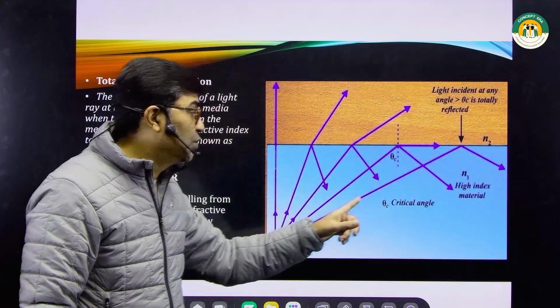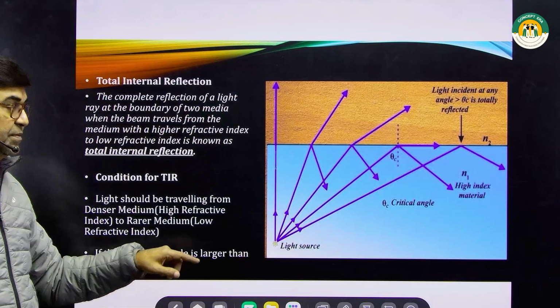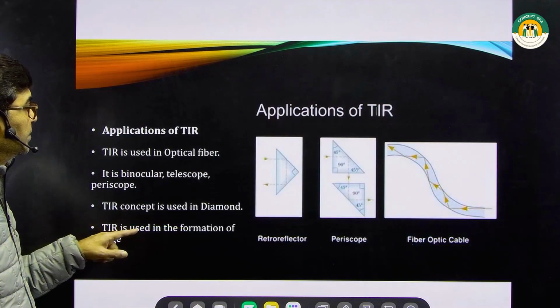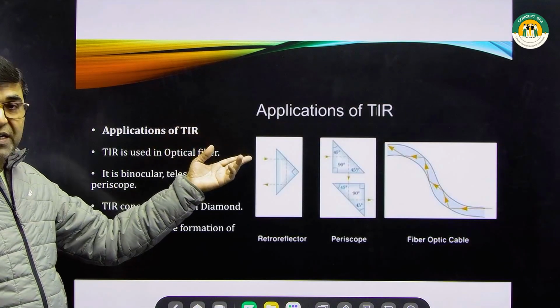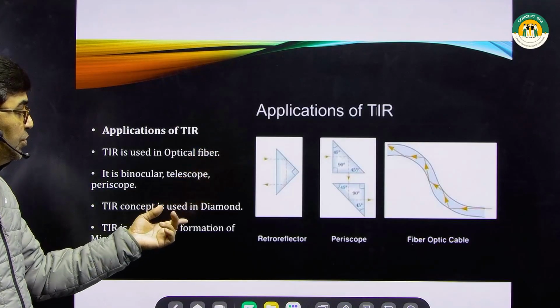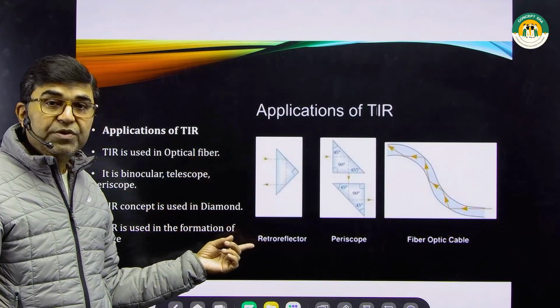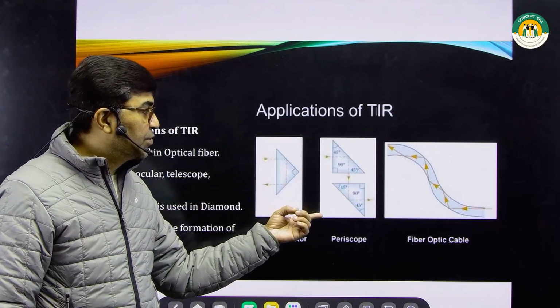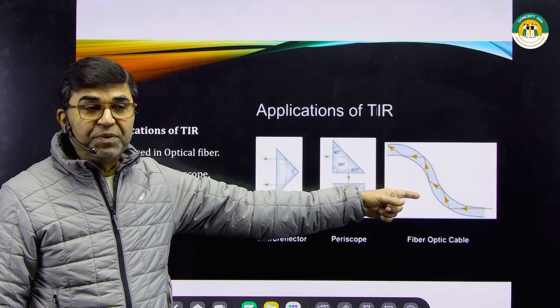This is known as total internal reflection. This phenomenon is used in a retro reflector, a periscope, and the optical fiber.